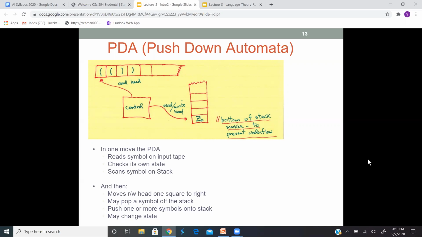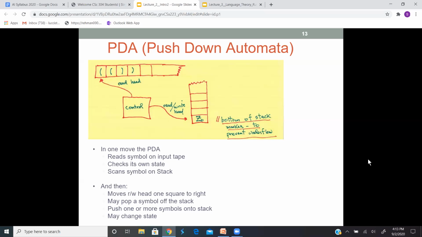Now you see another right paren. Pop the left paren off the stack. So you're now at the last square here, and only Z sub 0 is left on the stack. If that happens, the number of left parens must have been equal to the number of right parens.